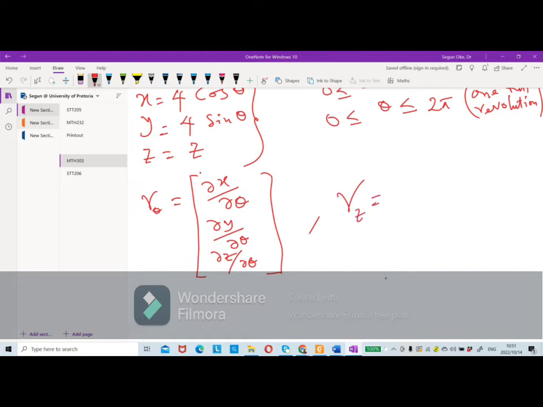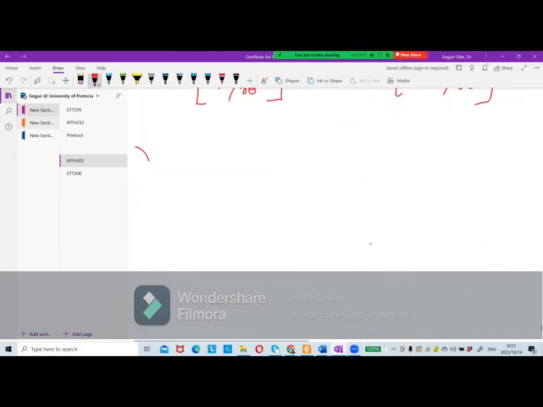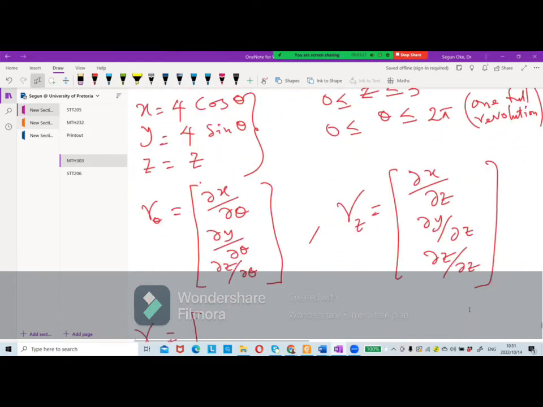So the Z will be partial X partial Z, partial Y partial Z, and partial Z partial Z. So these are the things we are going to do. Let's now solve R theta first. When you differentiate 4 cos theta, what do you have?